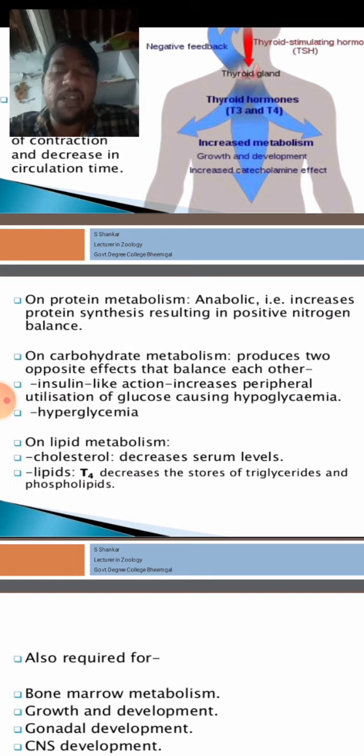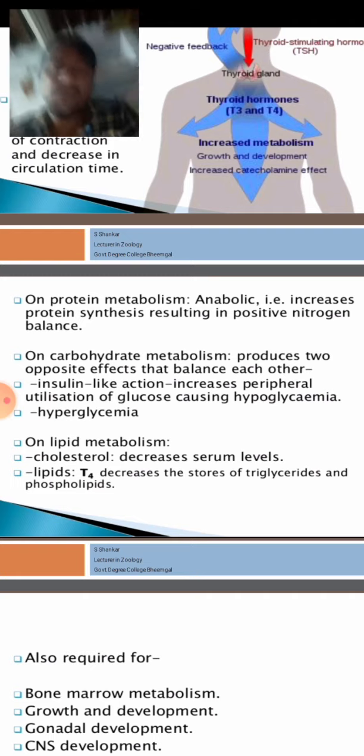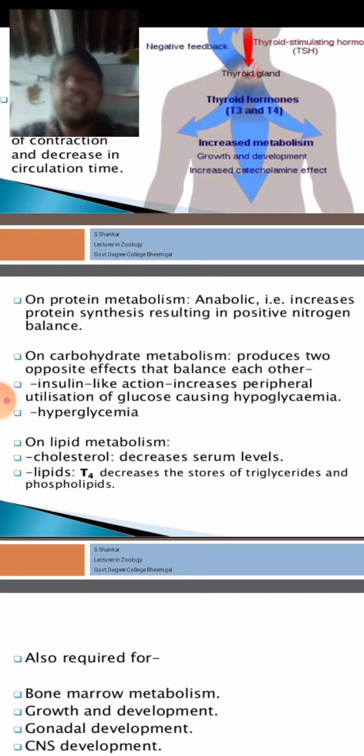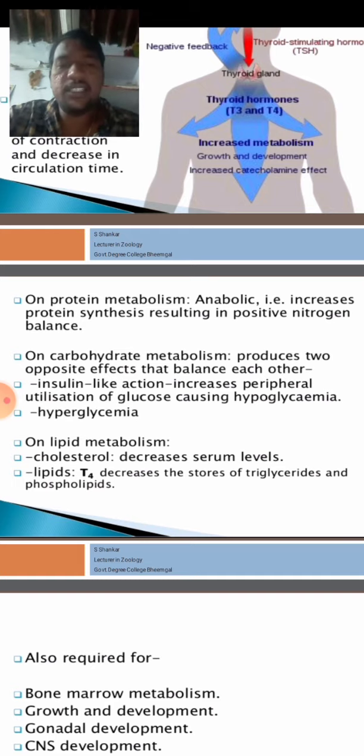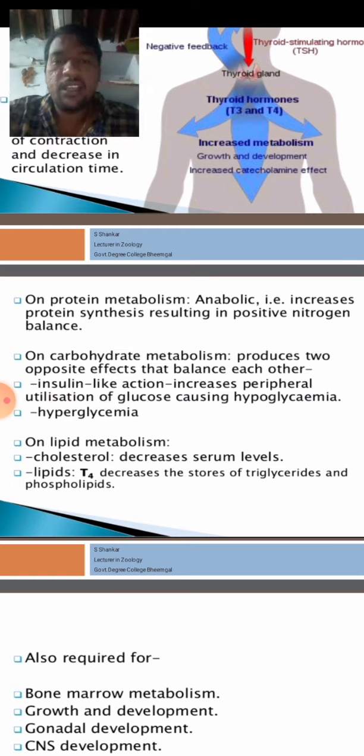On carbohydrate metabolism, they produce two opposite effects that balance each other.